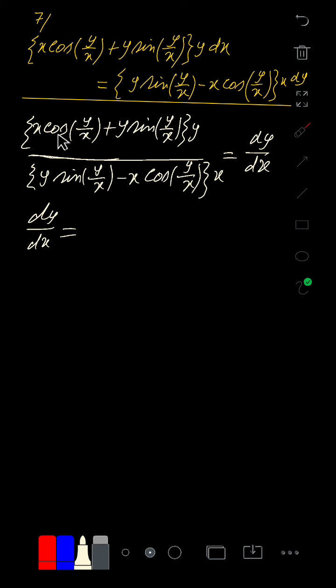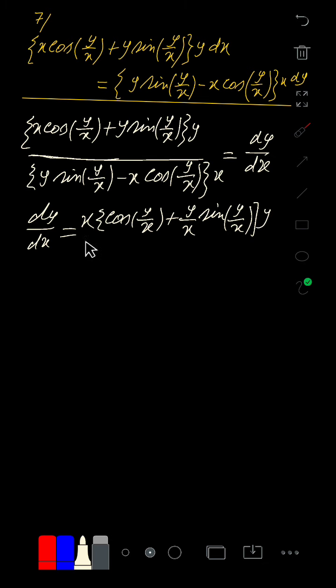Out of these two terms, we may take x common. So we have x curly bracket cos y upon x plus y upon x sin y upon x bracket close y divided by, similarly we should take x common out of these two terms in the denominator. So we have x, now both the terms will be divided by x.